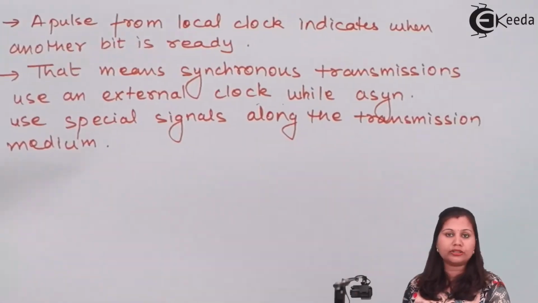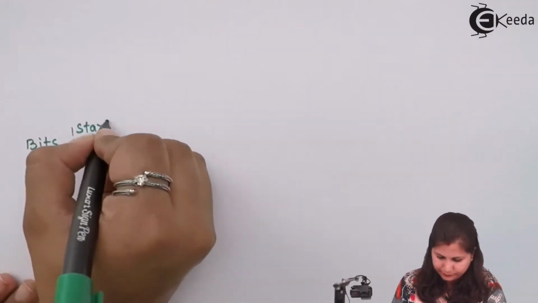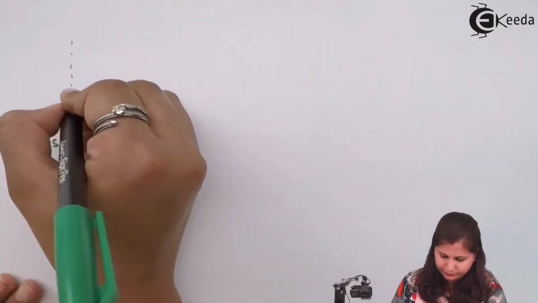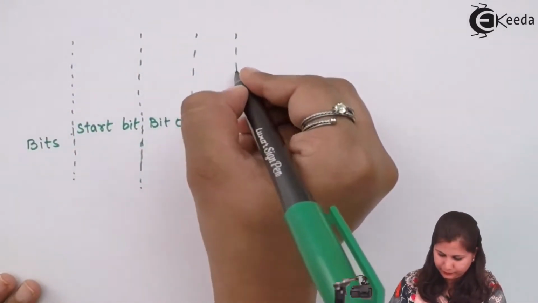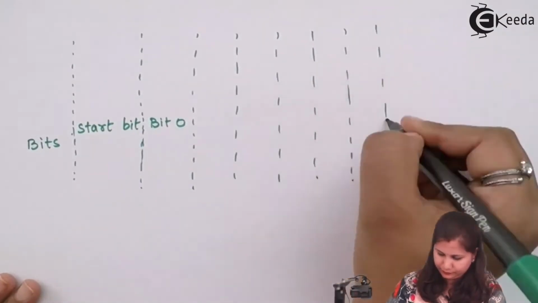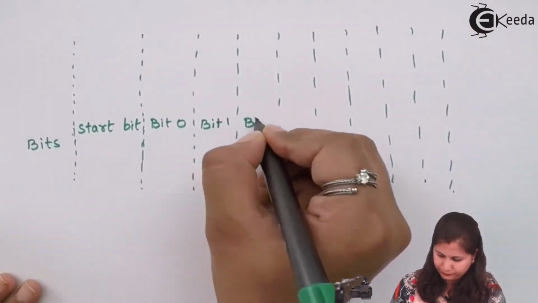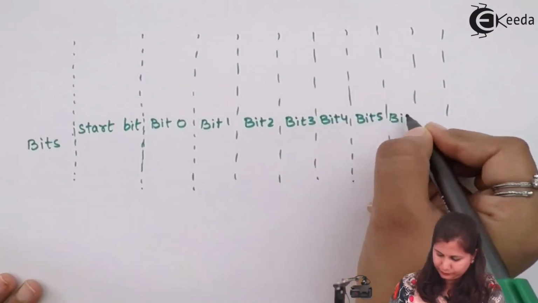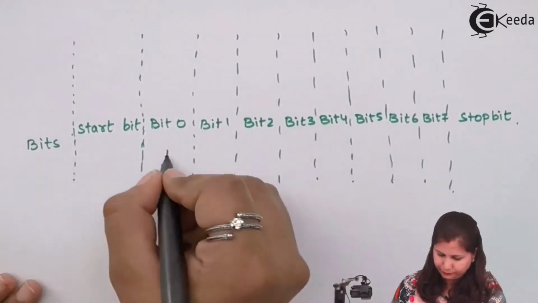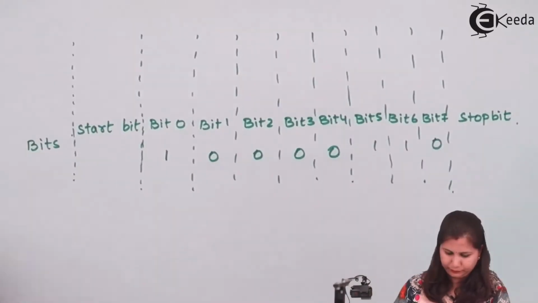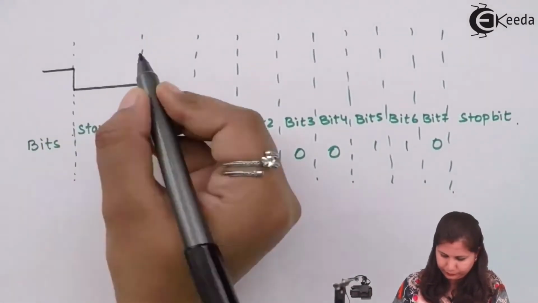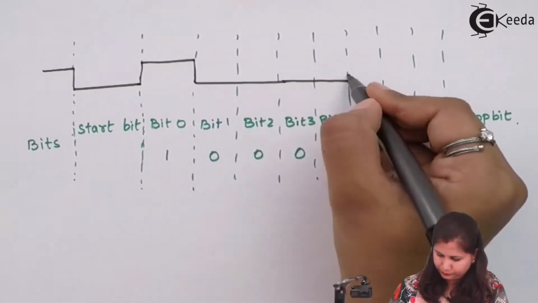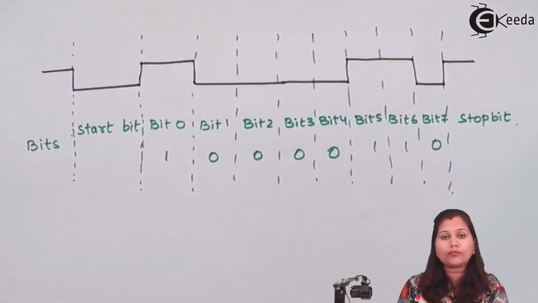Now if we draw the diagram of how this data is transmitted in the case of asynchronous transmission, it will be like this.